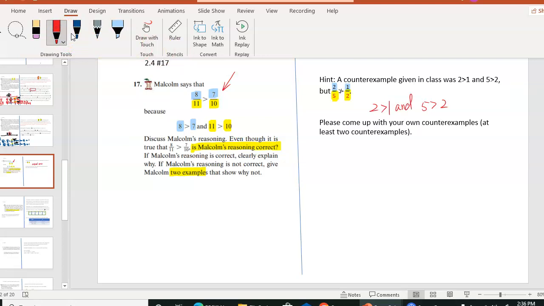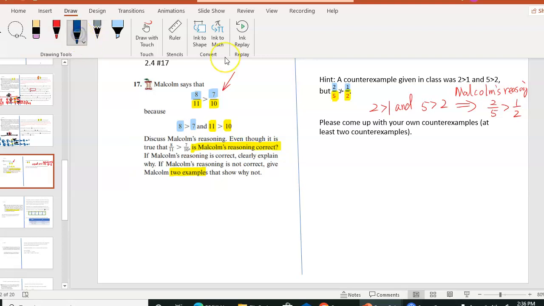This is Malcolm's reasoning, not mine. If I use his reasoning, I should have 2/5 is greater than 1/2, which is incorrect. Although it did work for the 2 fractions he picked, it's not correct, because it doesn't work on the 2 fractions I picked.